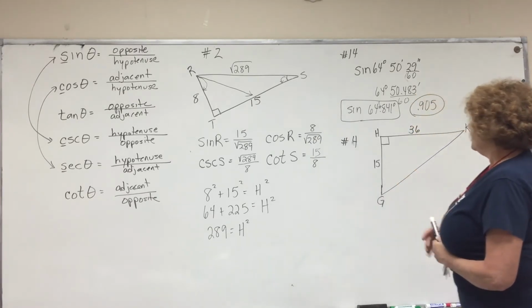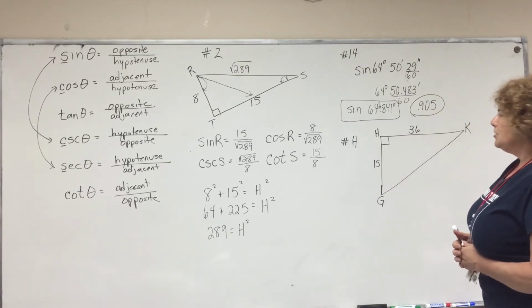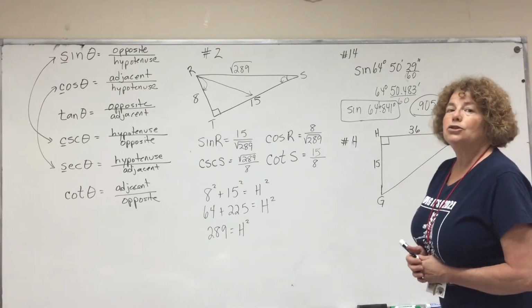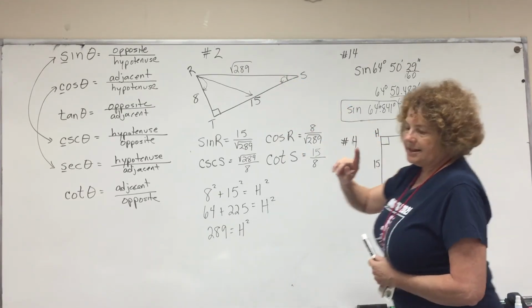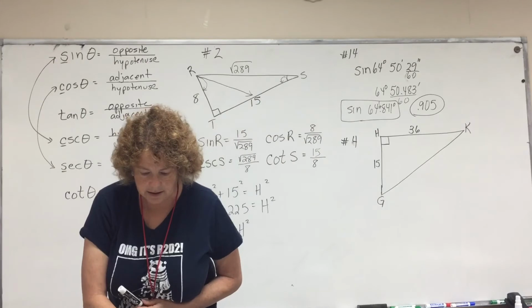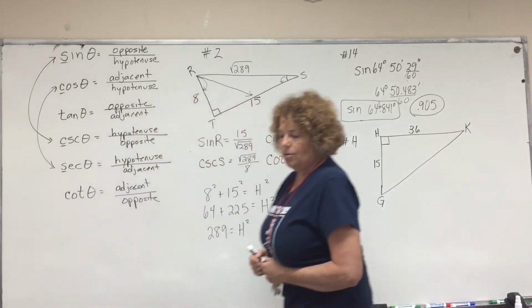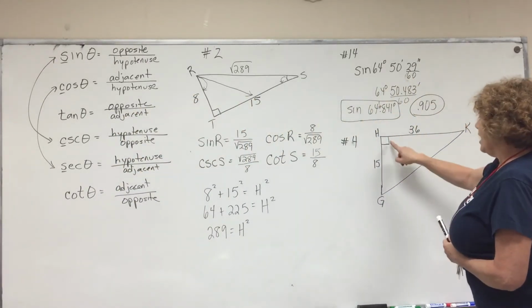All right, let's do number 4. It wants us to write the 3 basic trigonometric functions of, let's see, which angle do they want? Of each acute angle. Well, first of all, the acute angles are not the right angles.